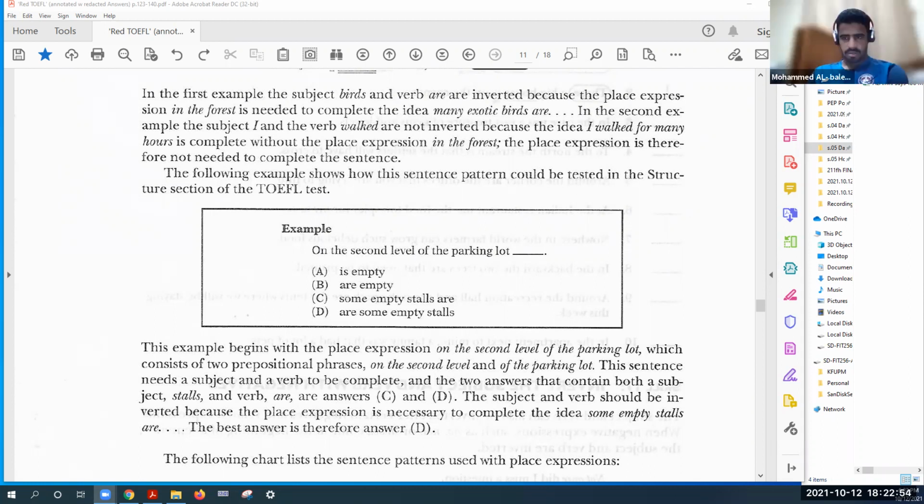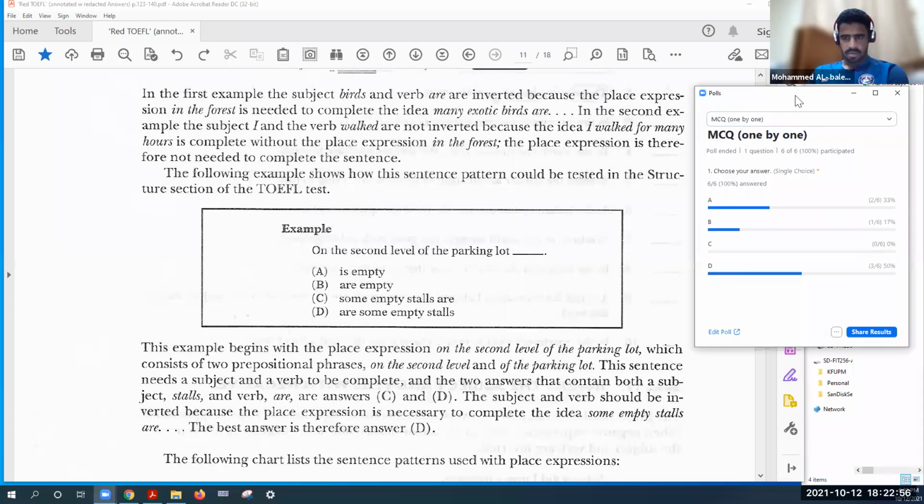Good. Let's see what you got. Uh-oh, you got different choices here. Who selected Alpha? Rita and Osama got Alpha. Okay. Let's start with Rita then. Just read the example. In the second level of the parking lot.